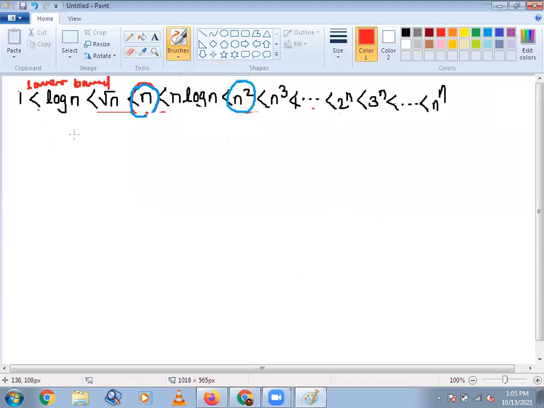Okay, see here, suppose f of n is equal to 10n square plus 10n plus 3, and here we have to find the values of C and g of n.